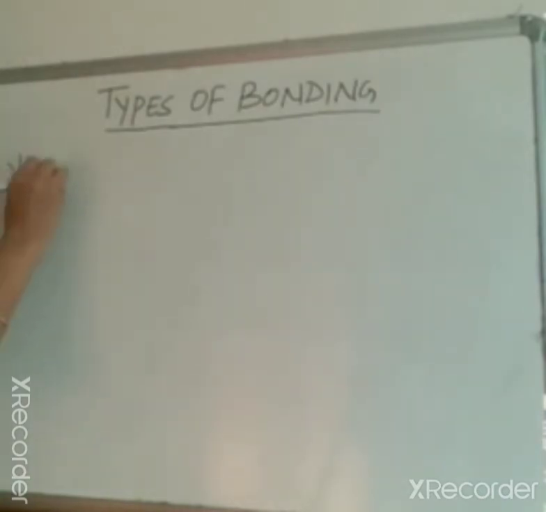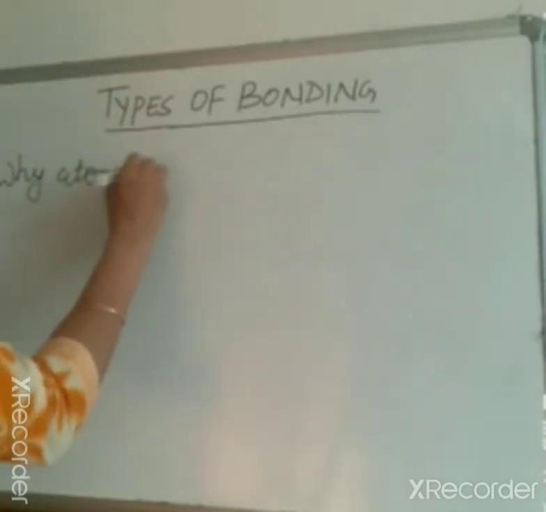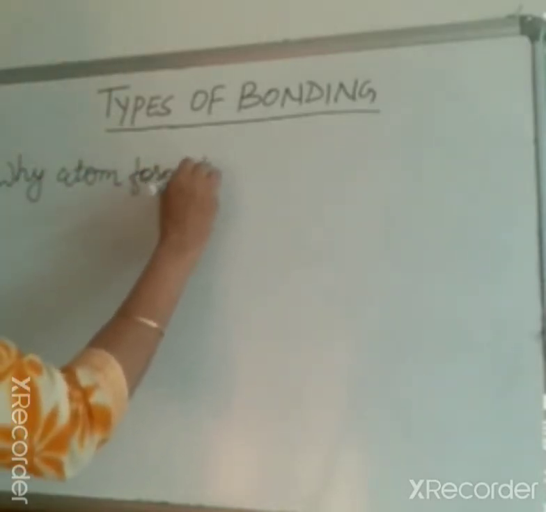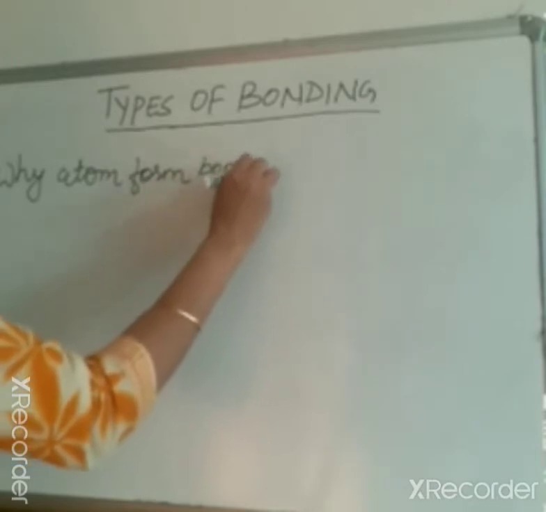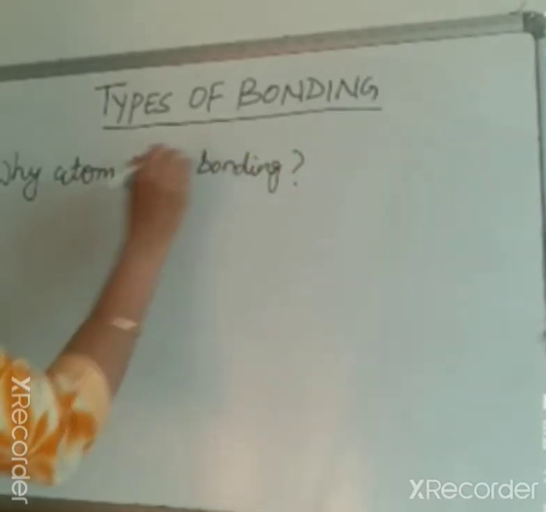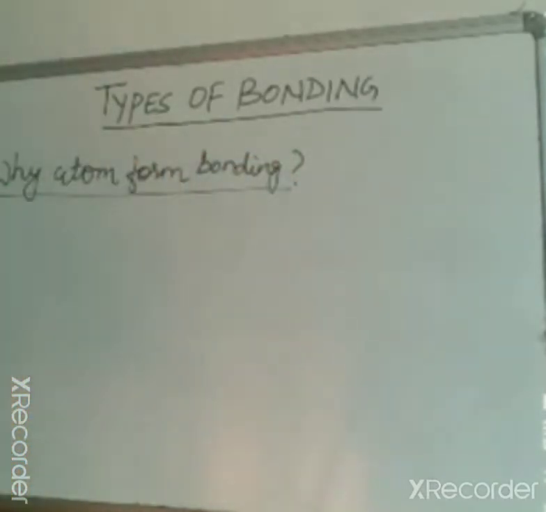Why do atoms form bonding? To understand this, first of all, we should know about the basic parts of the atom.